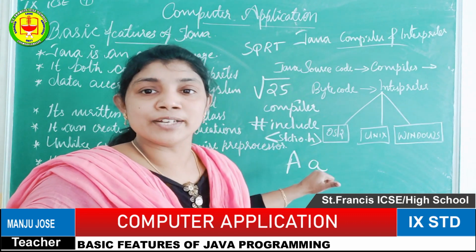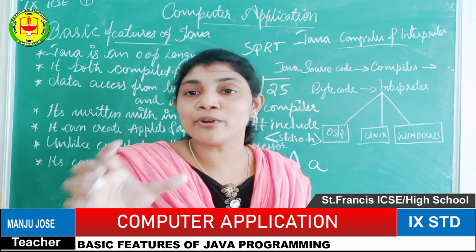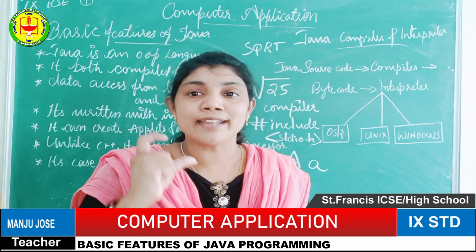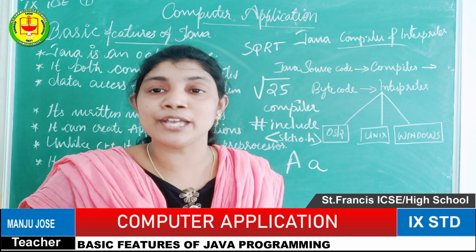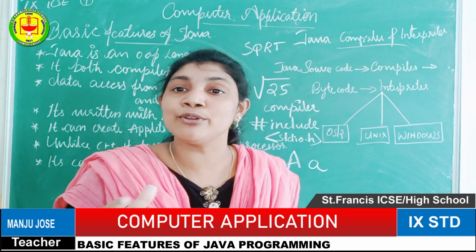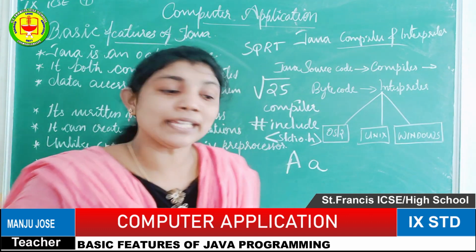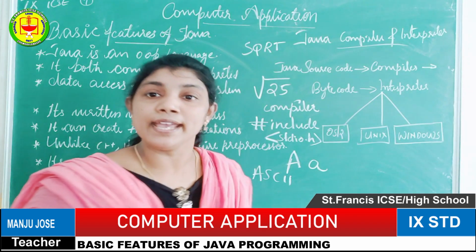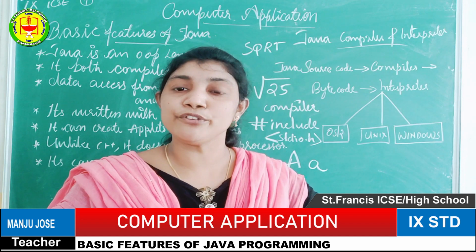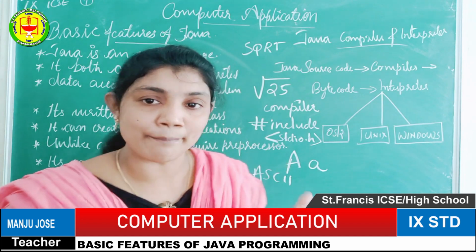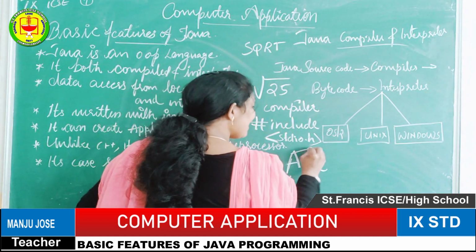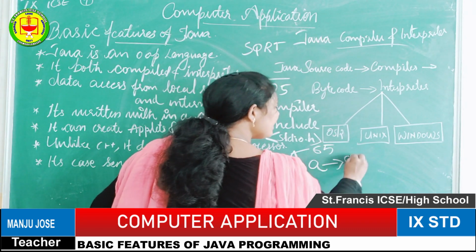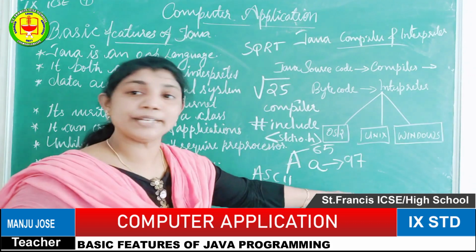But the computer, or this programming language, will recognize them differently. Why? Because each and every alphabet letter has its own numerical value, known as ASCII. This ASCII value is different for each letter. For example, the capital letter A has ASCII value 65, and the small letter a has ASCII value 97. Just see the difference.